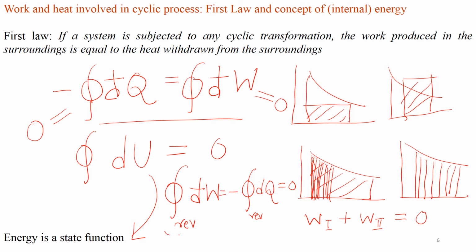But remember that this is not always true for a process that is not reversible, which we will call an irreversible process. This integral is non-zero. However, their addition must be 0.